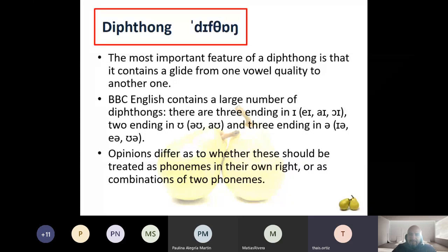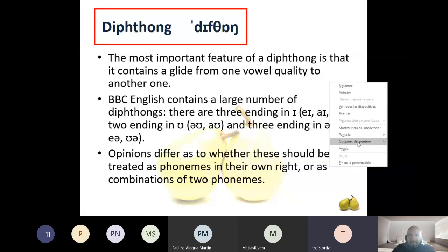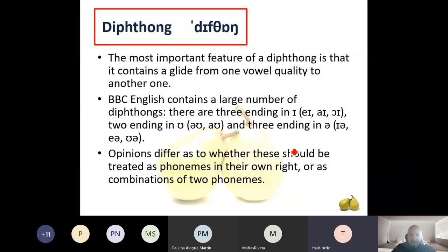Opinions differ as to whether these should be treated as phonemes in their own right or as a combination of two phonemes. Exactly. First, it's very important to remember that the pronunciation of this one includes the first syllable as the stressed syllable. So you say phonemes, right? Exactly.